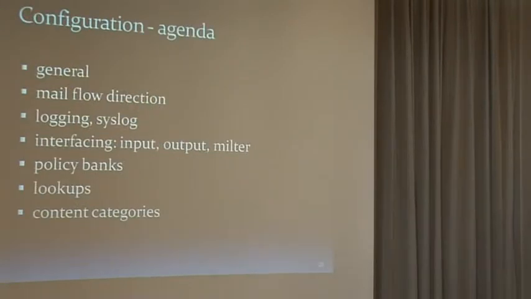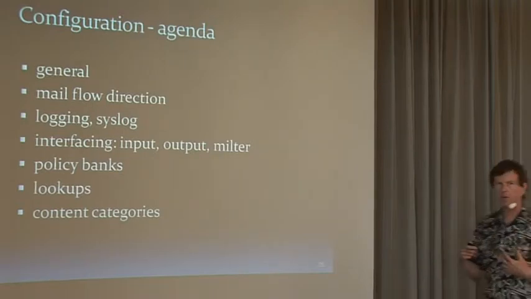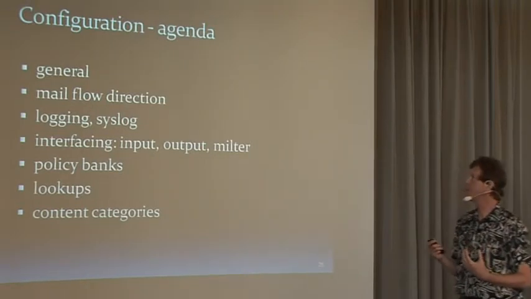Now, to the configuration. We'll just say some general words. We'll talk about a couple of rather important topics for me, at least: the concept of where mail is coming from or where mail is going to.